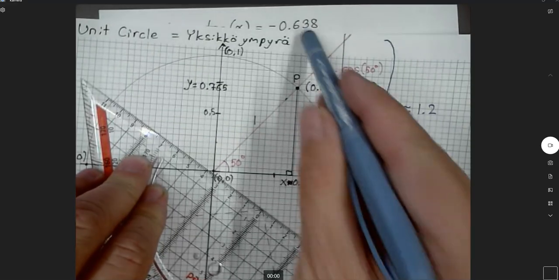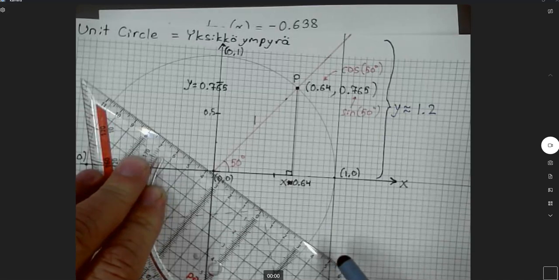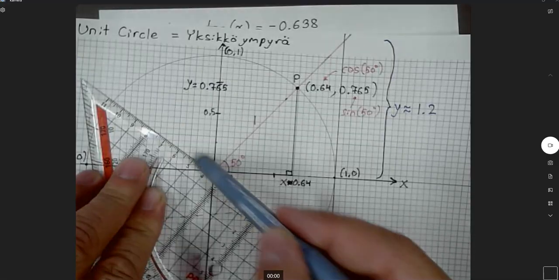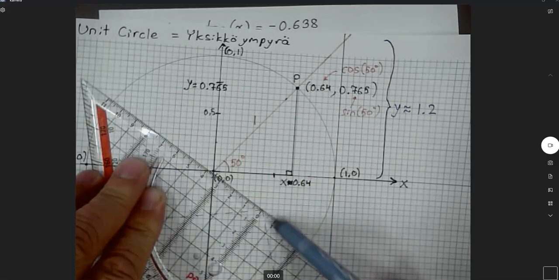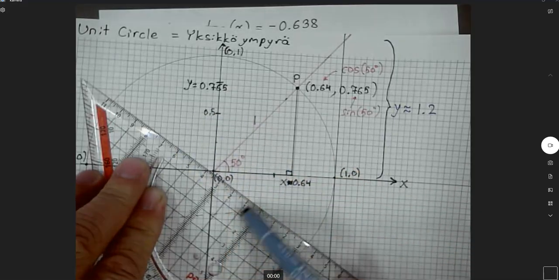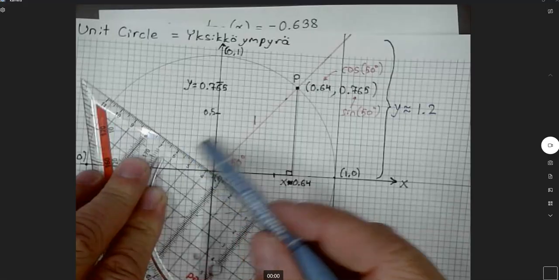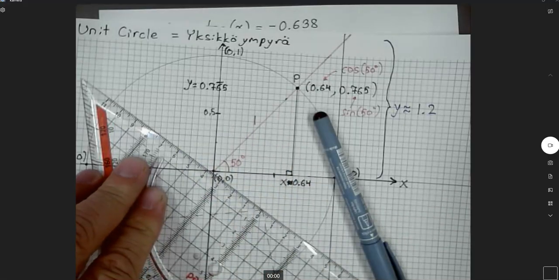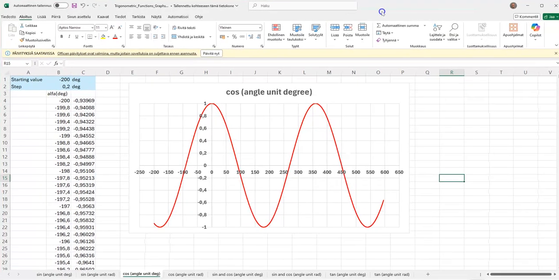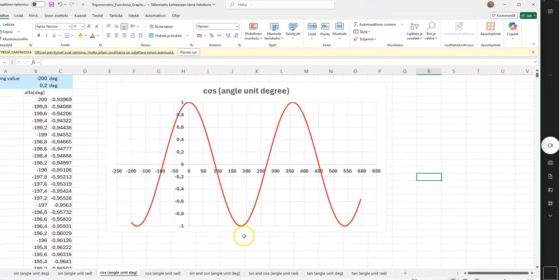But there is also another one here. This angle here also gives us the same tangent value. We can see that this is 180 degrees, and this is the period of tangent, as we probably looked from this Excel sheet last time.